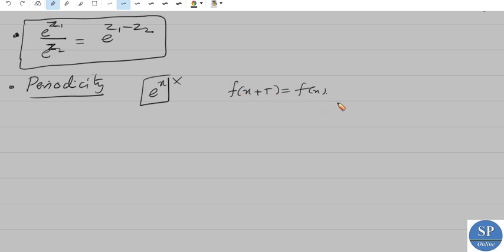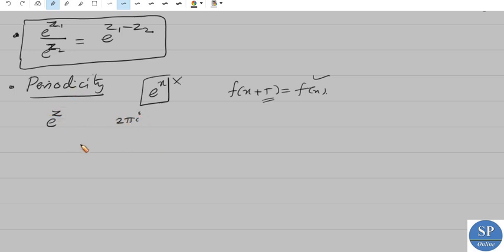If we can write like this, then we can say that f of x is periodic. So in the case of real variable x, e power x is not periodic, because we cannot find such a T. But in the case of complex variable, e power z is periodic with the period 2 pi i.